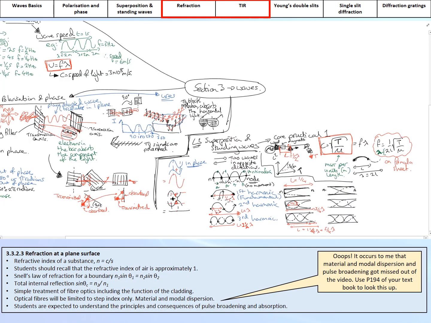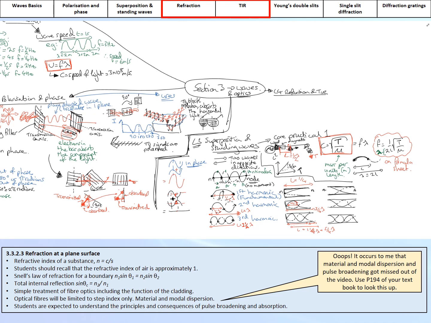So next we're moving on to refraction and total internal reflection, which is in the optics booklet now. So we've moved on to optics. The numbers are a little bit muddled up because of practicals which take up a lesson. Refraction and total internal reflection.